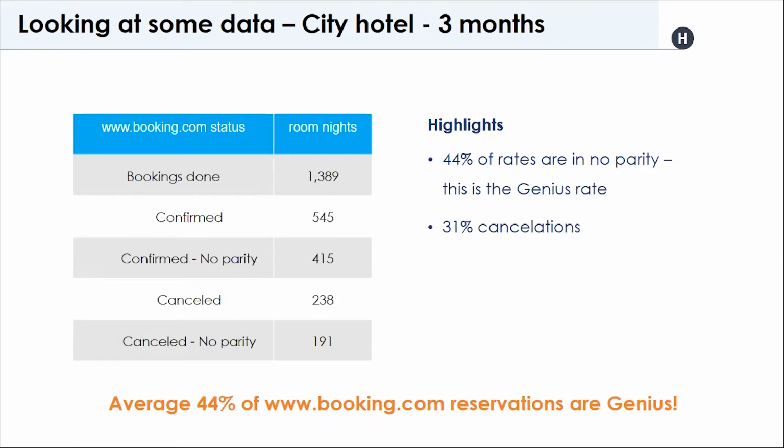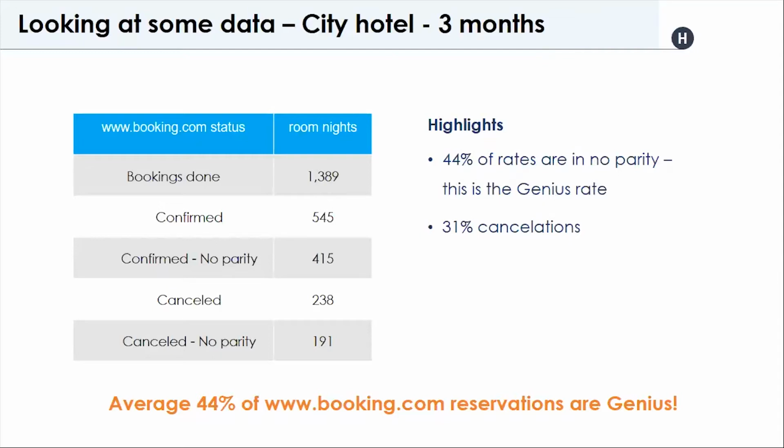If you think about, let's say, 50% of the clients of Booking.com are Genius, at the global level we are talking about millions of people who have access to a better price at Booking.com than your website. So I think that's a problem.